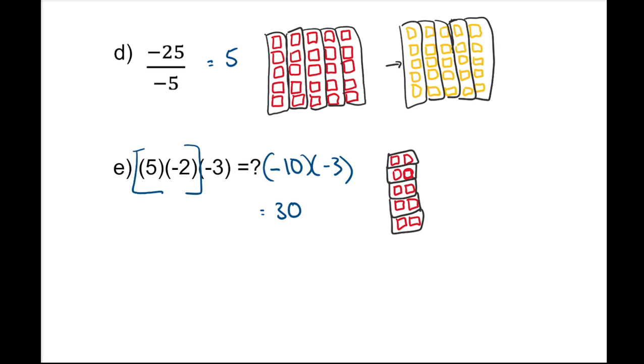Now I need -3 groups of this. How do we really represent -3 groups? This would be if I had +3 groups, right? So if this was 10 times +3, I would end up with -30.